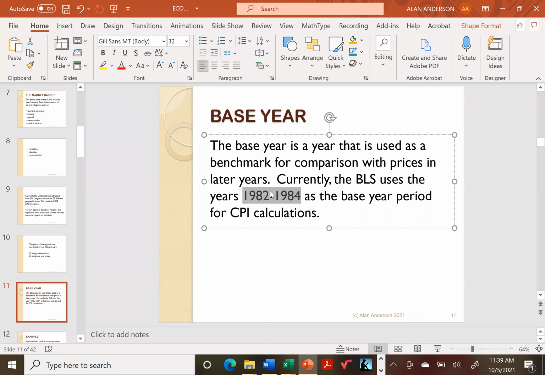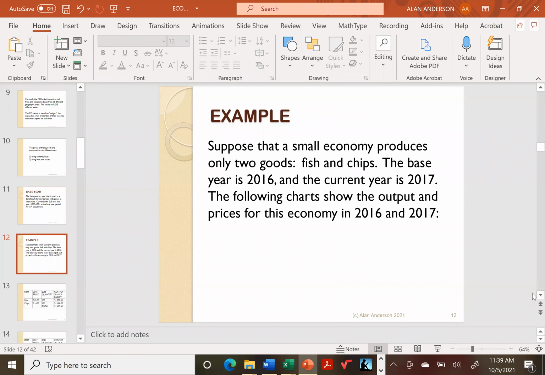So there are a lot of potential issues with the CPI, just like GDP. In fact, there's no economic data series that has no problems at all. They all have issues. Okay, but the BLS is a very reliable source of this data, and we can consider what they do to be very, very accurate.